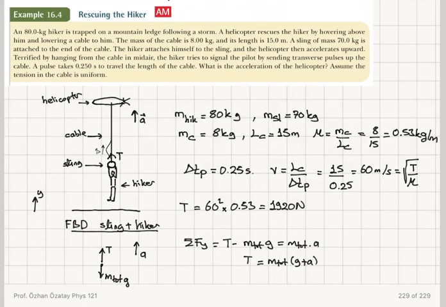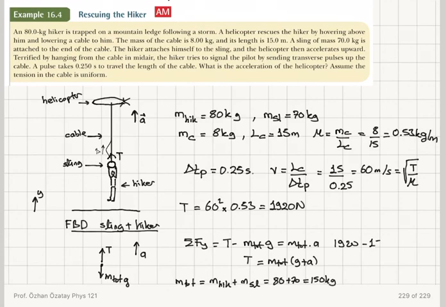All right, so the tension was 1920 newtons. What is the total mass? For the total mass, I have the mass of the hiker plus the mass of the sling, which is the total mass under this tension. 80 plus 70, 150 kilograms.